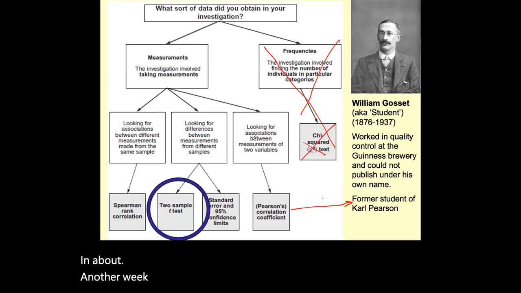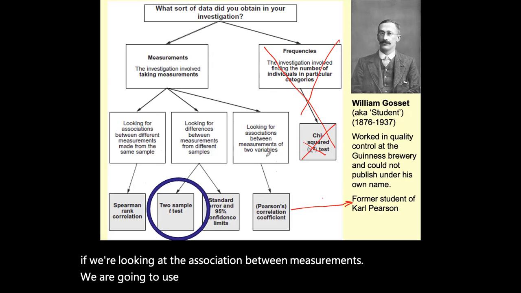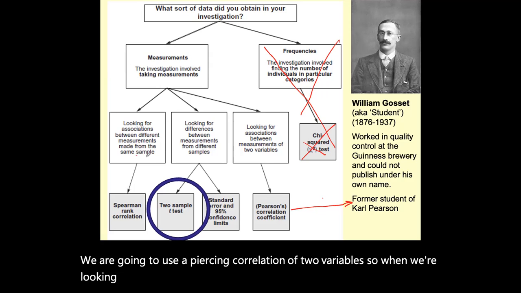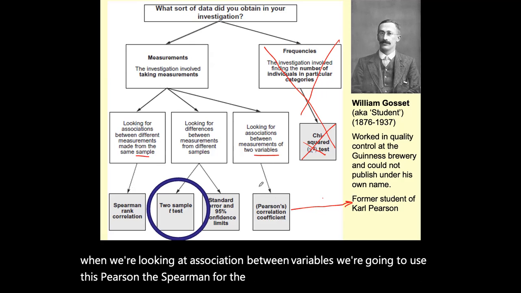If we're looking at the association between measurements, we are going to use a Pearson correlation of two variables. So when we're looking at associations between samples, we're going to use a Pearson. When we're looking at association between variables, we're going to use the Spearman for the sample, Pearson for this one.